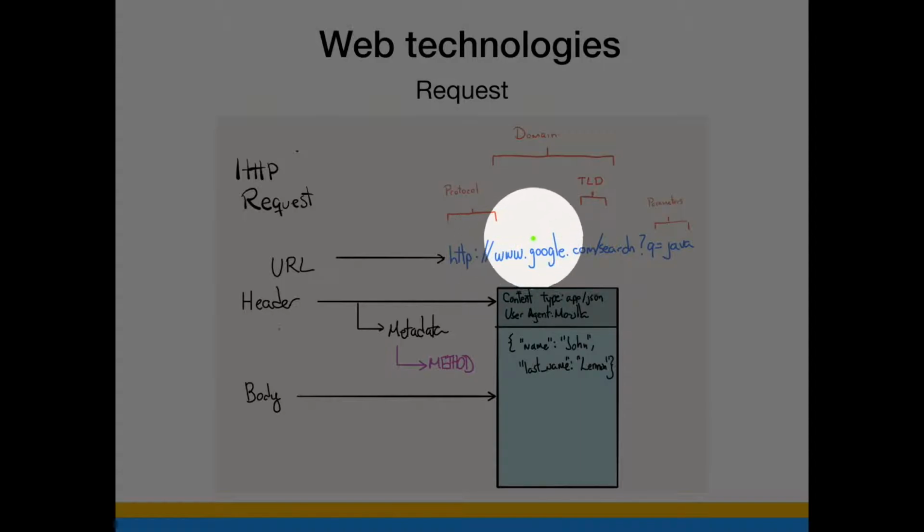Then there is the actual domain name, the fully qualified domain name, and the TLD, which is this part: the .com, the .uk, the .eu, whatever it is. TLD stands for top level domain. So essentially, for a domain name, the top level is reserved for the .com, then google.com, then www.